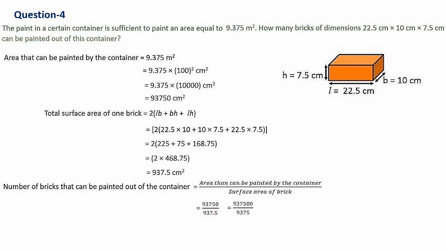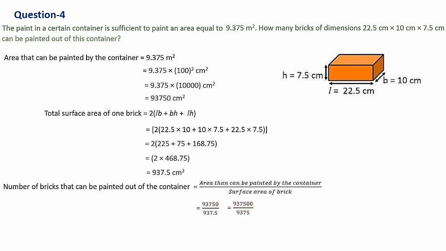So here in the denominator there is a decimal number. After the decimal point there is one digit. So to avoid this decimal portion we have to multiply by 10 in the numerator, because there is only one digit after the decimal. So you can multiply 10 in the numerator and 10 in the denominator. So numerator becomes 937500.